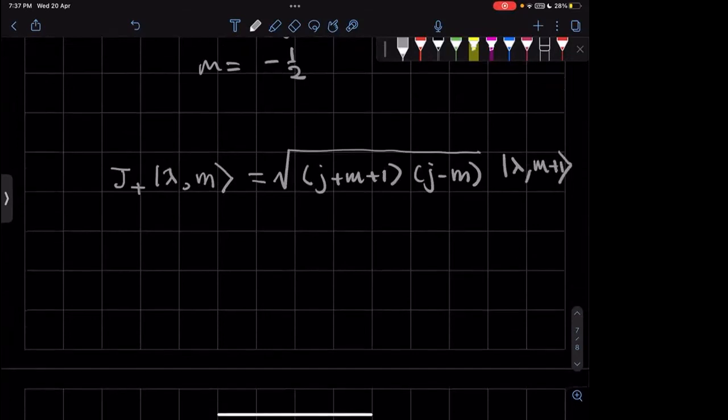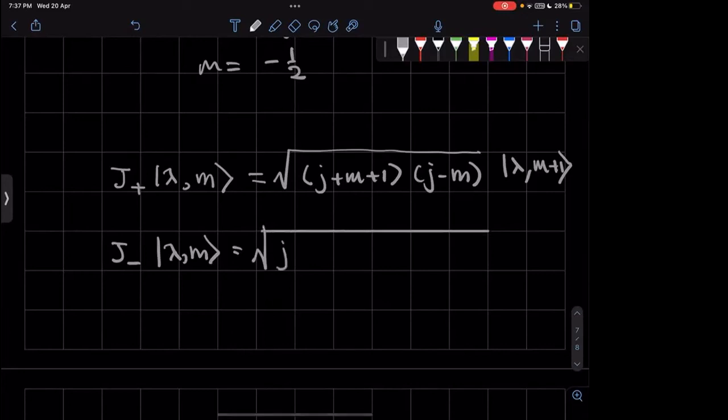This is one of the equations you get. The other equation you get is when J minus acts on lambda of m, you get (j minus m plus 1)(j plus m) and here you have lambda m minus 1.